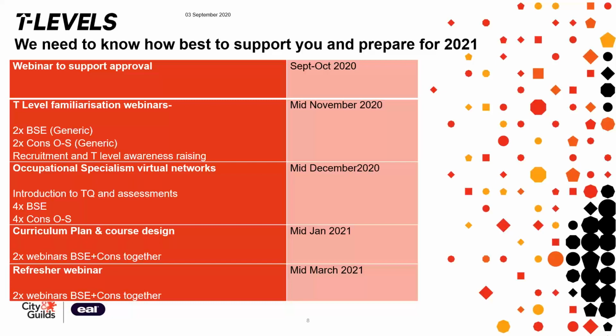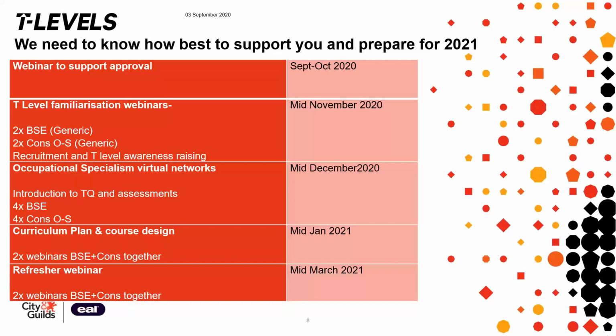Then in mid-December 2020, we have the occupational specialism virtual networks. And there's going to be 4 for BSE and 4 for on-site construction. And we're going to introduce you to the technical qualifications. You may already know lots about them, but specifically then looking at the assessments and the methods behind the assessments.